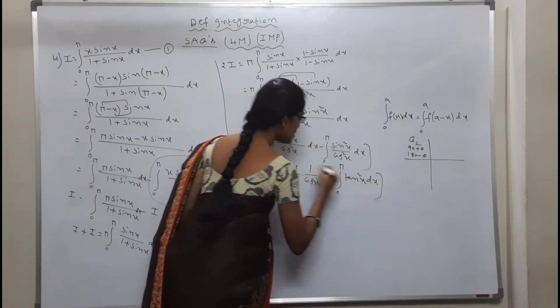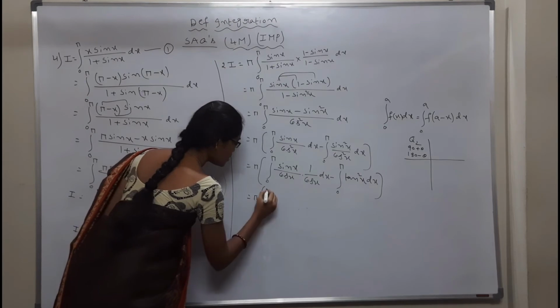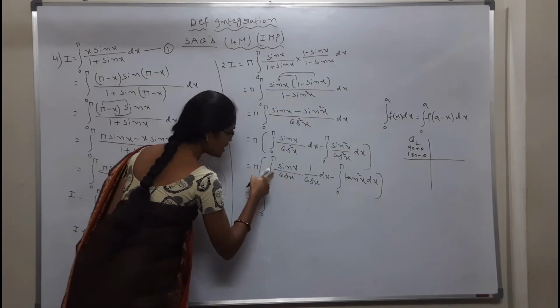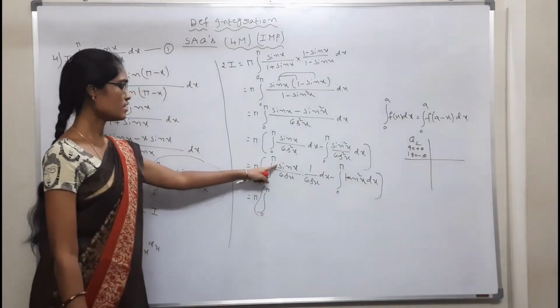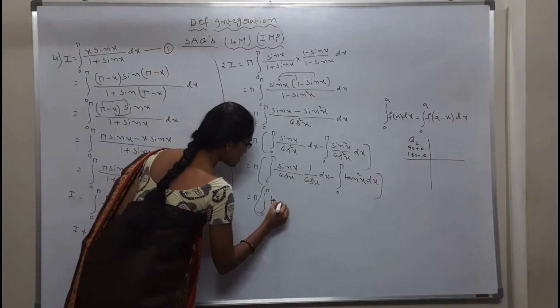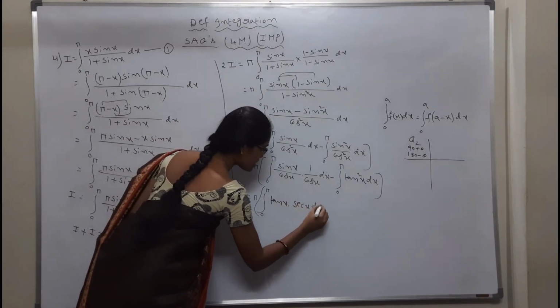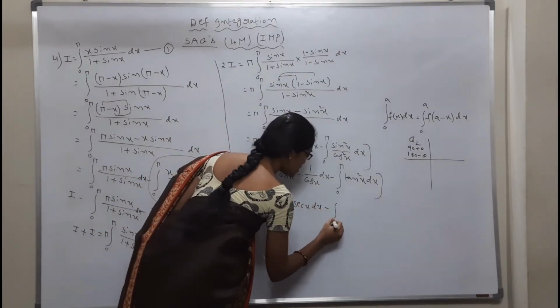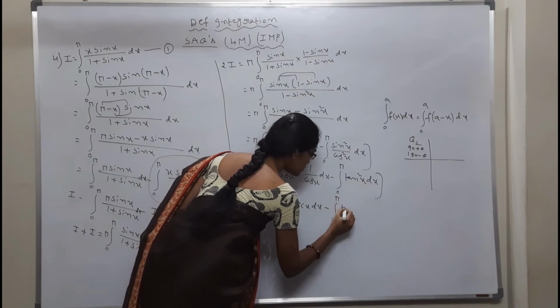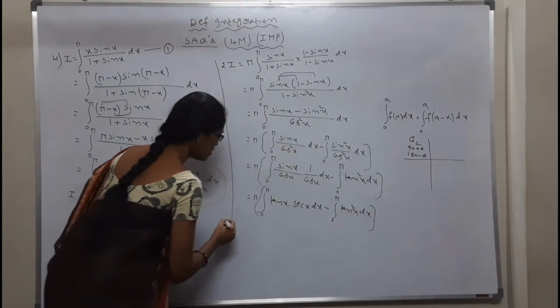That is equal to integral 0 to pi, sin x by cos x can be written as tan x into 1 by cos x, which means secant x dx, minus integral 0 to pi tan square x dx.